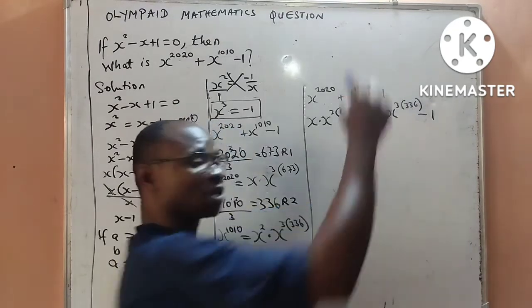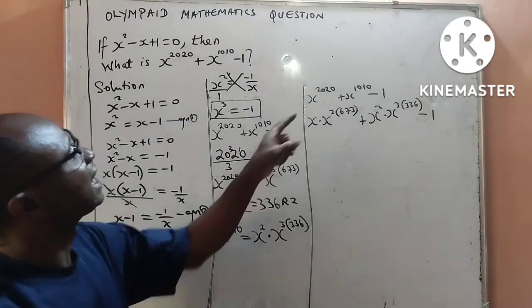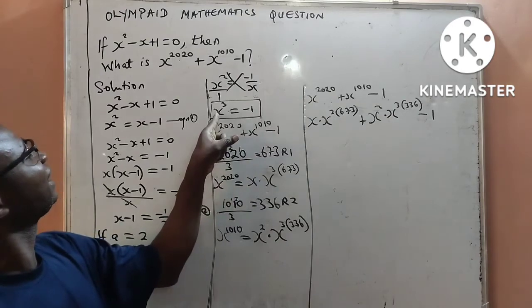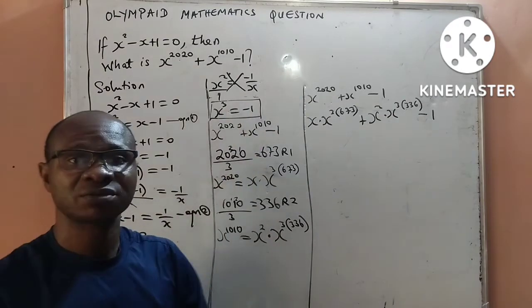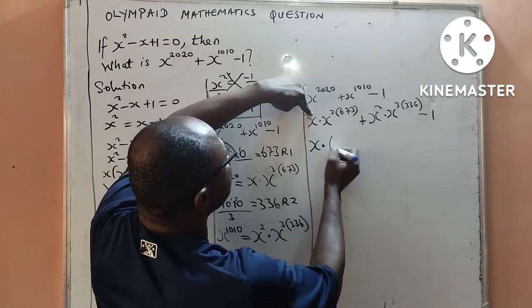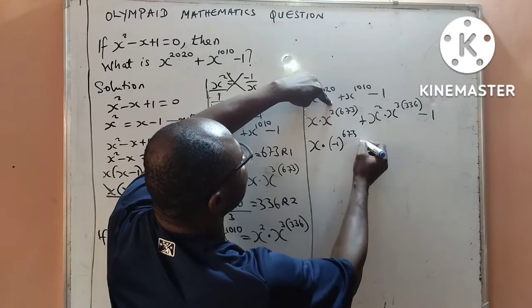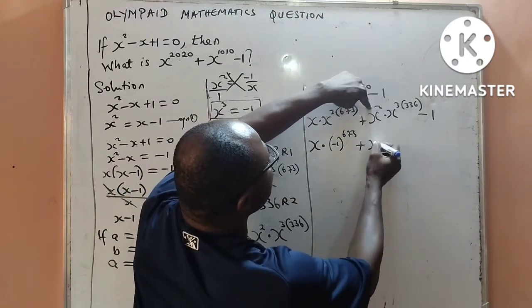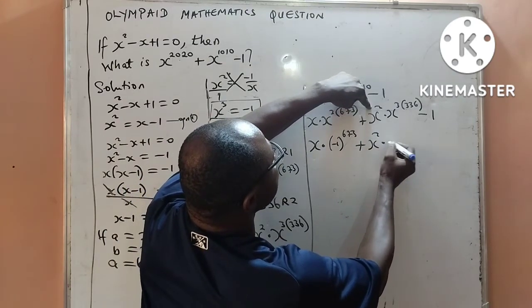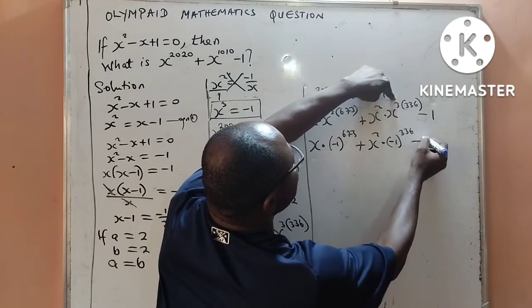Then minus this one. Good job. Let's continue. Anywhere I see x raised to power 3, I'll write minus 1 there. So this becomes x times minus 1 raised to power 673 plus x raised to power 2 times minus 1 raised to power 336 minus 1.